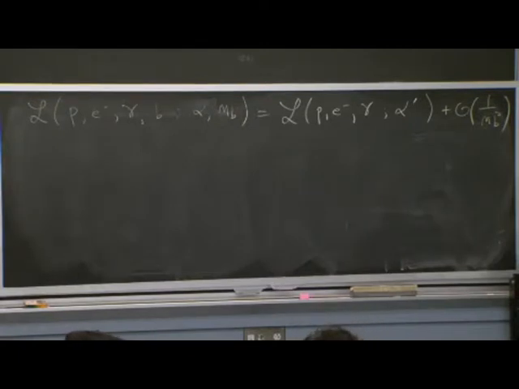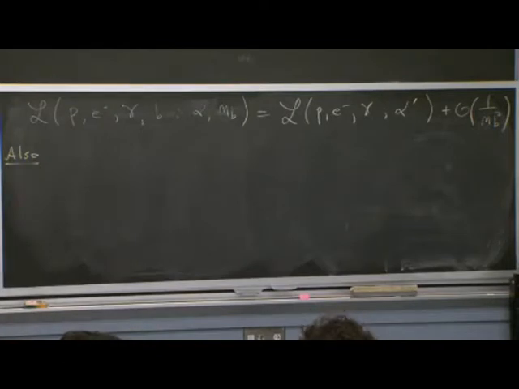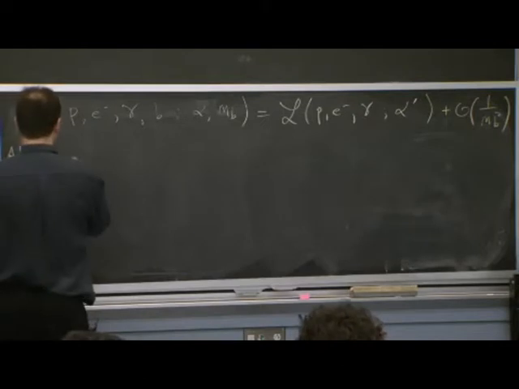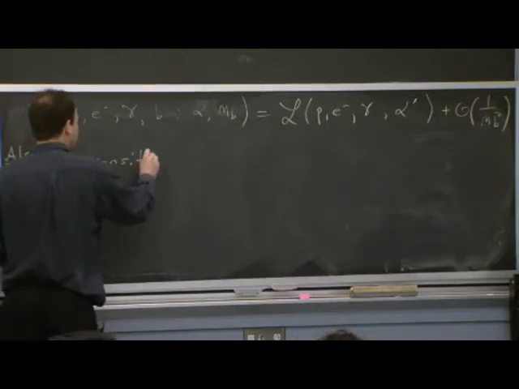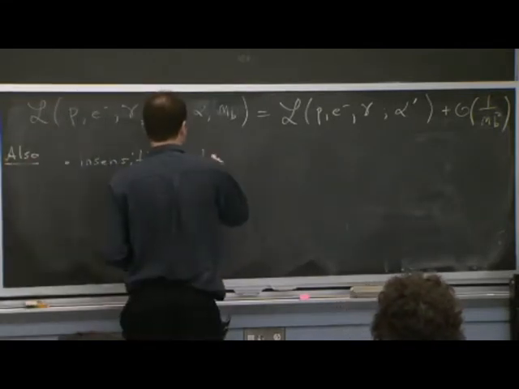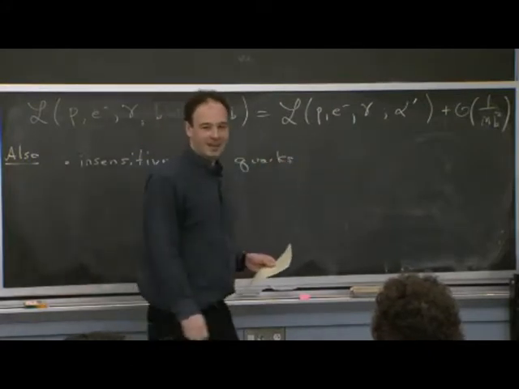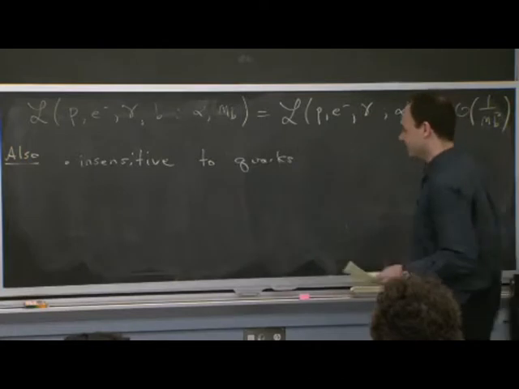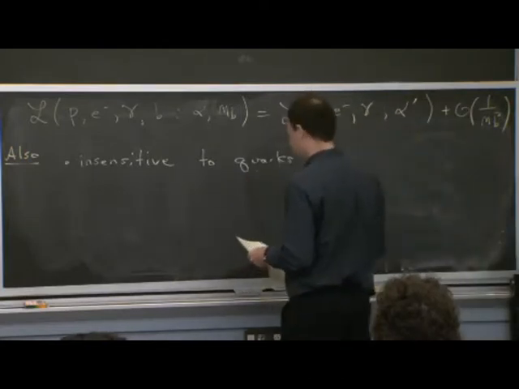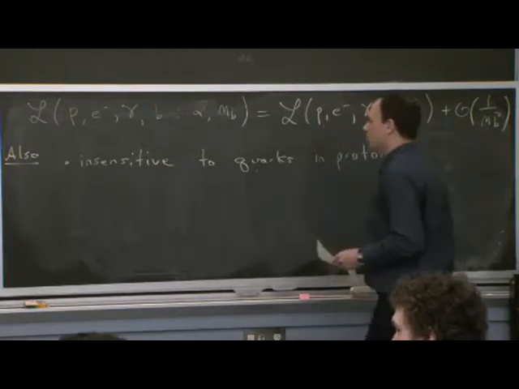Okay, so you think of this as being a higher energy coupling, and over there, alpha prime being the low energy coupling. There's a lot of other things, actually, if you think about hydrogen for a minute. There's a lot of other expansions that you've done. Hydrogen is a very fertile ground for effective field theory. So let's make a little list of what we dropped when we thought about hydrogen. How much did we lie to you when we first taught you the hydrogen atom in a quantum mechanics course? Well, we didn't teach you about quarks. Why didn't we teach you about quarks?